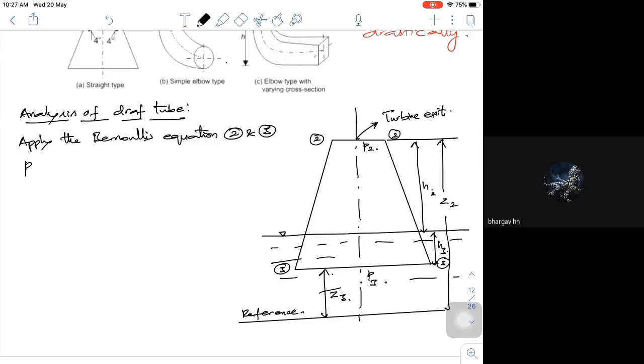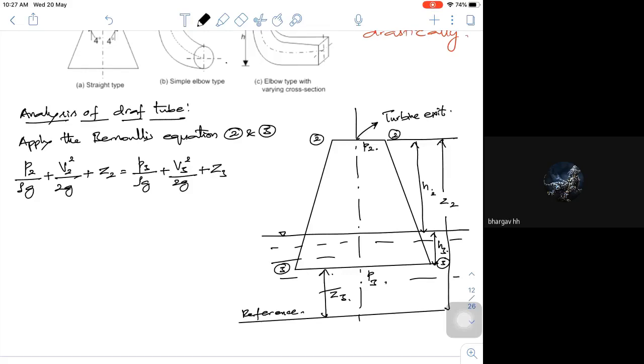We have P2 by rho g, that is the pressure head, plus V2 square by 2g plus Z2. I am writing in terms of head actually. Then P3 by rho g plus V3 square by 2g plus Z3.